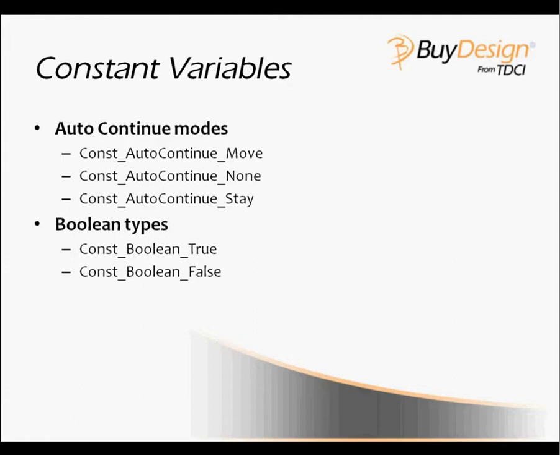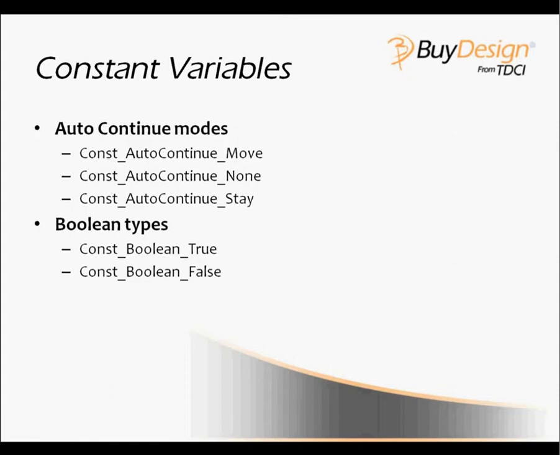First constant variables we want to look at are the auto continue modes and the Boolean types. When we look at a screen rule, we have a flag on there that says auto continue. The selection is none, move to automatically execute and move to the active screen, or execute and stay on current screen.